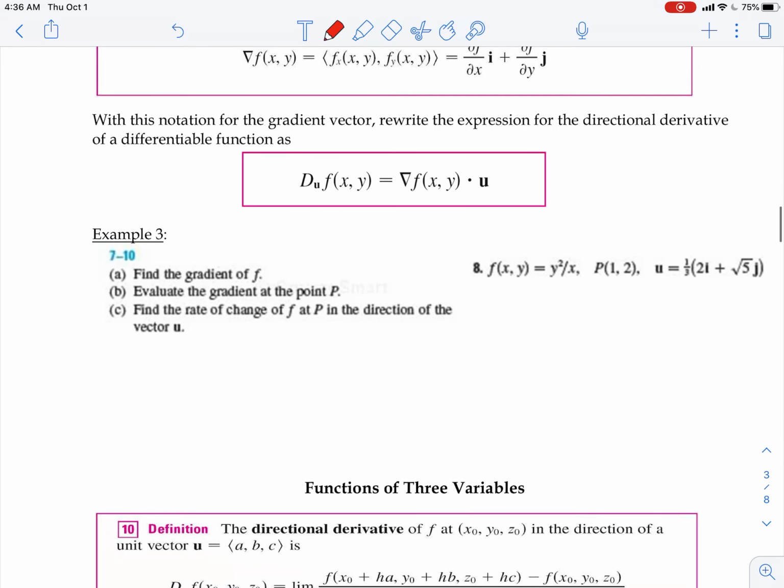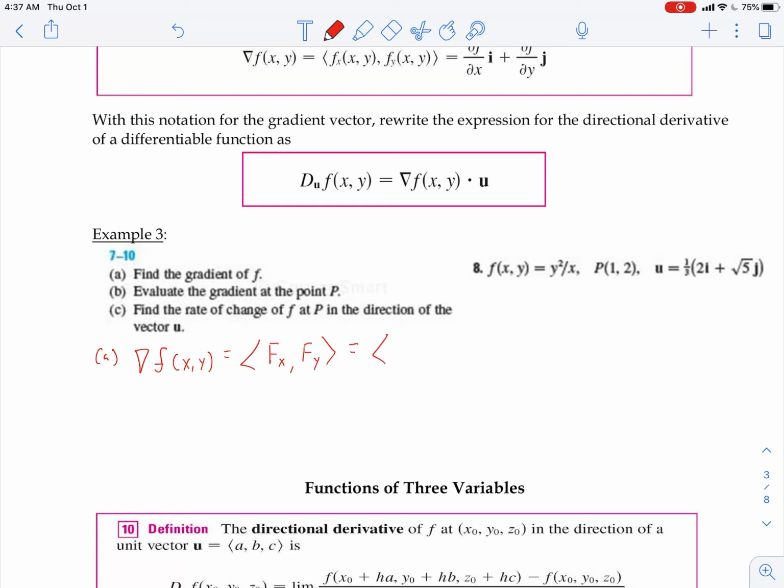So now let's go ahead and use this to answer a question, and we have question 8, find the gradient of f. So the first thing we're going to do is find the gradient of f. So we have del of f(x,y). And again, that's just the vector of our partial derivatives with respect to x and with respect to y.